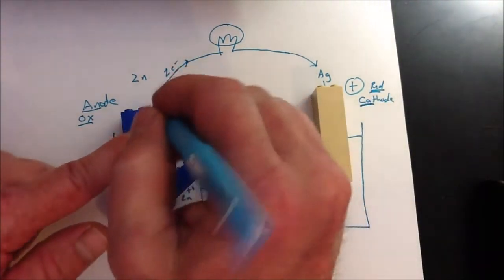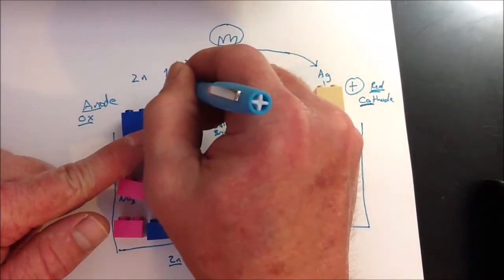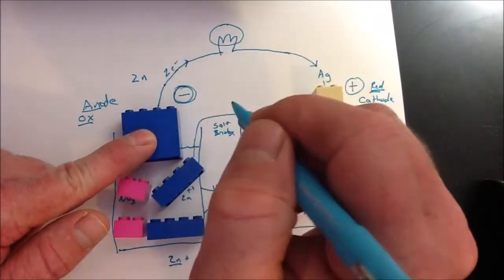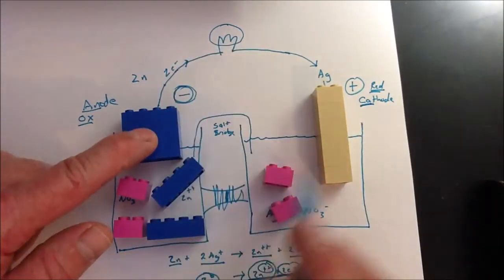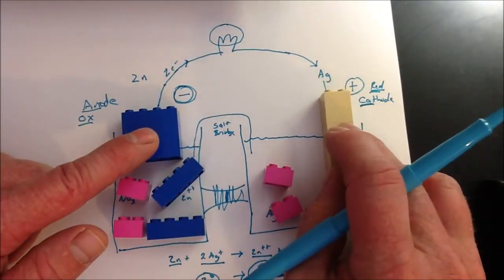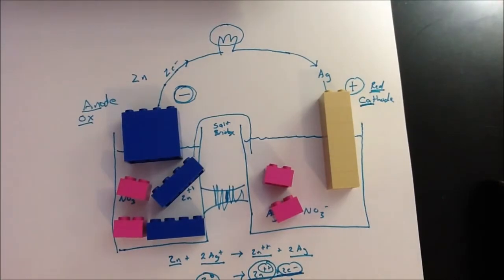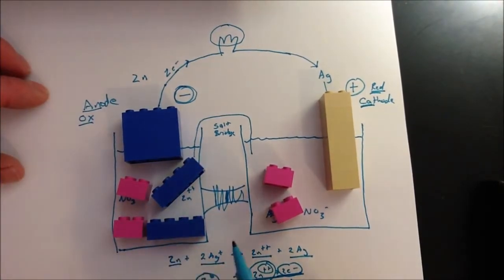Now again, if you can't remember that, the electrons are going to be produced at the negative electrode, the anode. That's negative because it's producing those electrons, and they're going to flow toward that positive side, the cathode. So in simplistic forms, this is kind of how a battery works.